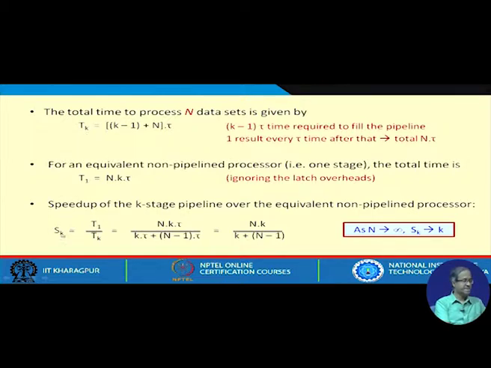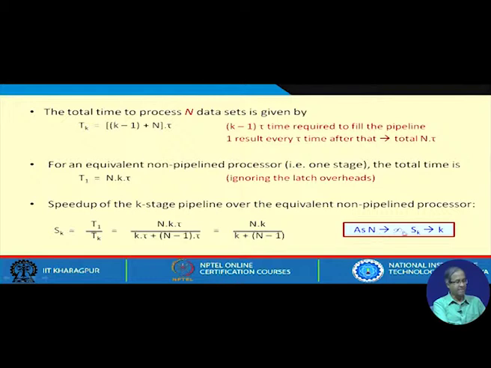Speed up Sk we can define as T1 by Tk, that is nkt divided by this. So, tau cancels out, you get this. If you divide by n, in the numerator is only k. So, this is k by n, this is 1 by n, and n by n is 1.